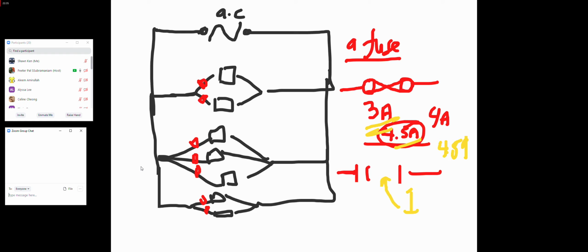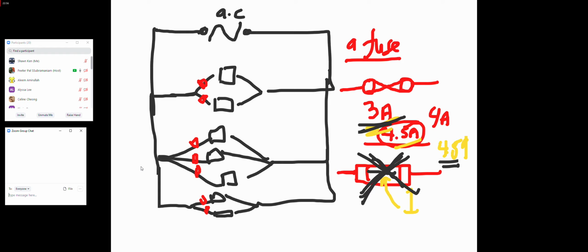So that's the job of the fuse. A fuse will have a label value and it can support current to a certain value only. The moment the current flows more than the value of the fuse, a tiny wire inside will melt and disconnect the whole circuit.